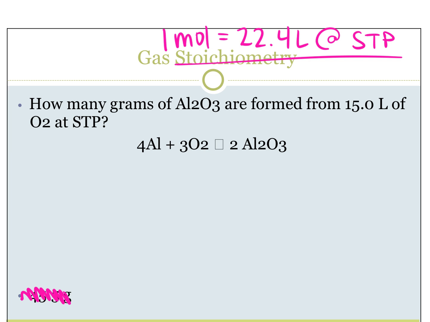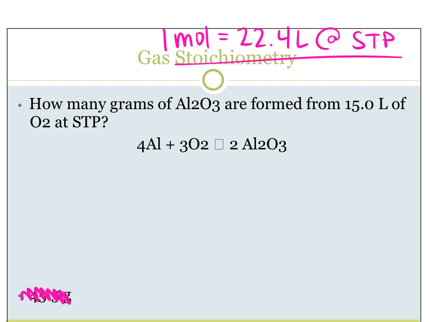Does this conversion factor depend on the compound? It does not. Just like moles don't depend on the compound. There are 6.022 times 10 to the 23rd atoms in a mole, regardless of the compound. The same thing is true about this one: 22.4 liters is equal to 1 mole regardless of the compound.